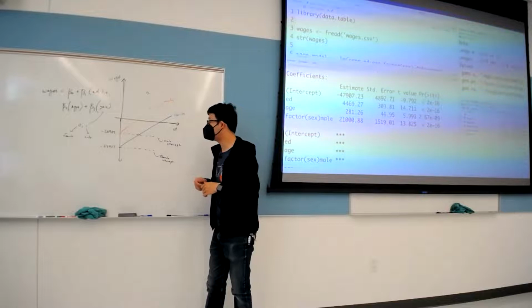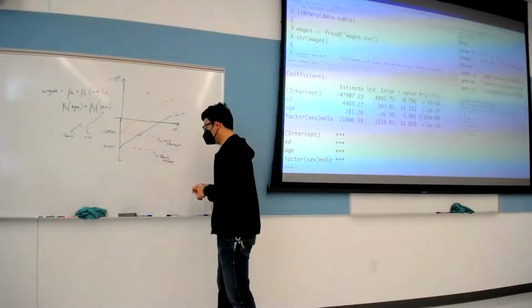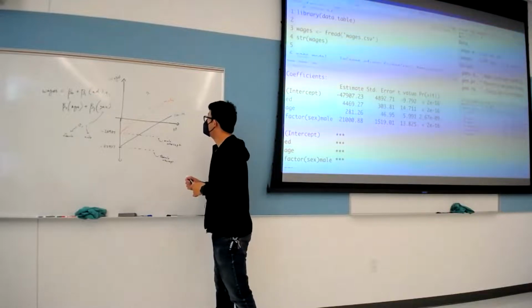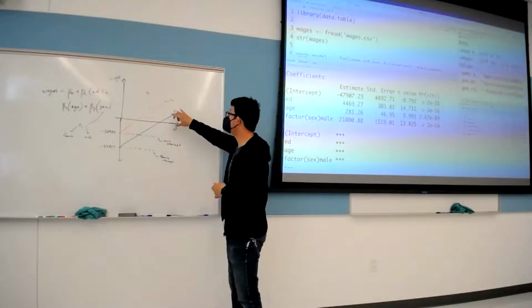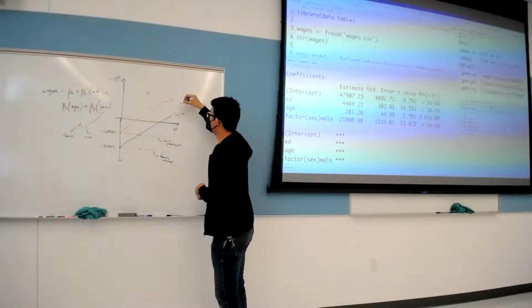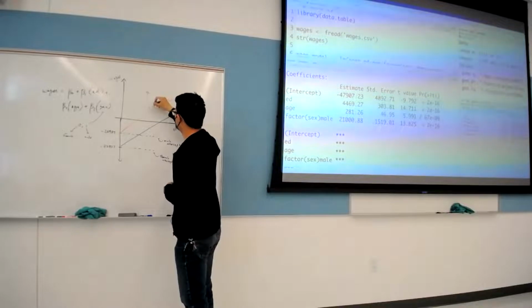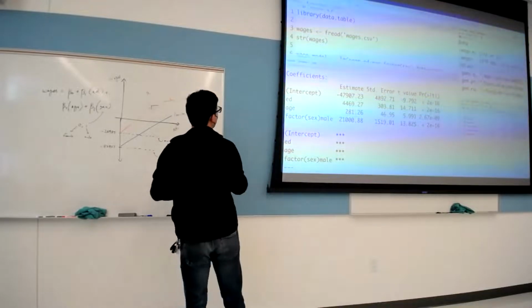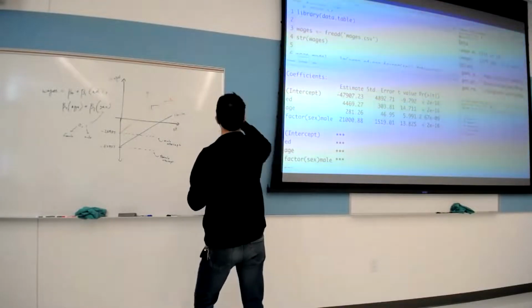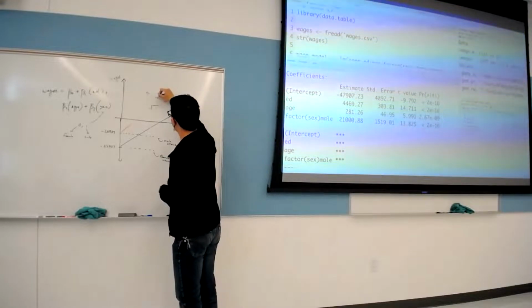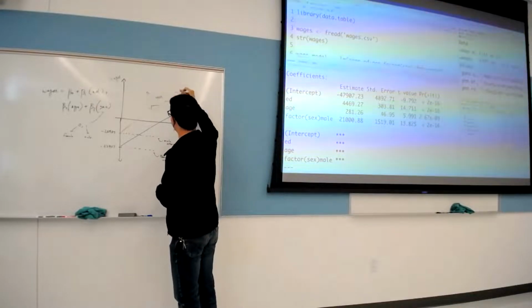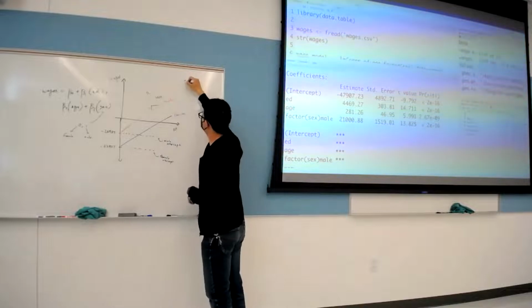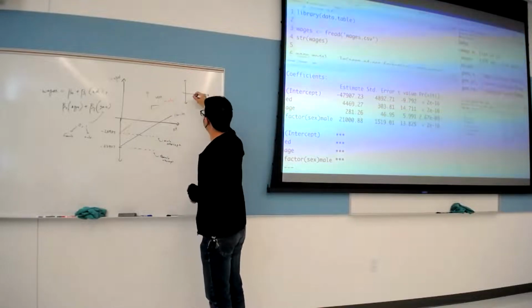Yeah, yeah. So you'll have one plot like this, where this rise over run would be 4469, and then you're going to have a different plot, where maybe the lines look like this.